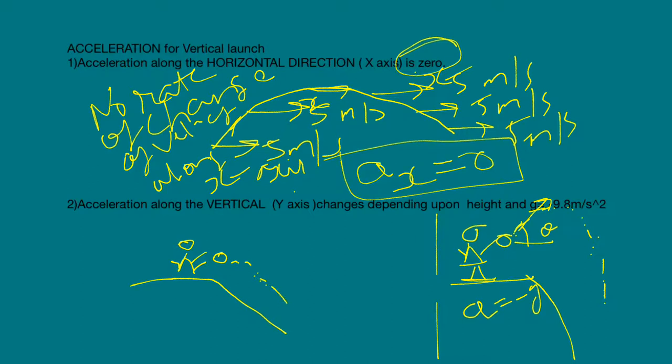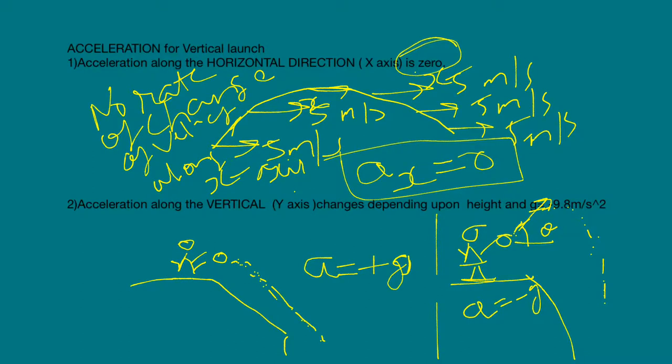He is not throwing upward or downward. It is moving towards the gravitational force, so you have to consider a as plus g. This is very important, so you should remember it well.